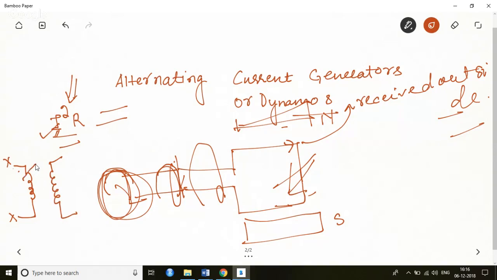As alternating current flows through this, it produces a varying magnetic field. This varying magnetic field crosses the sectional area of the other coil, and a current is established on this side. This is the principle of a transformer.